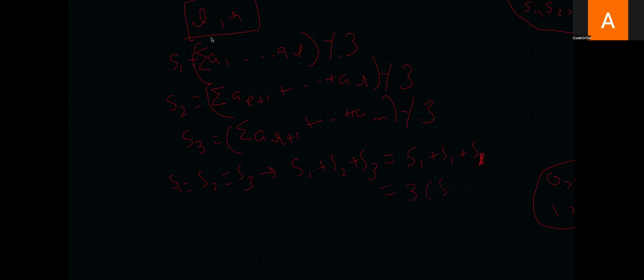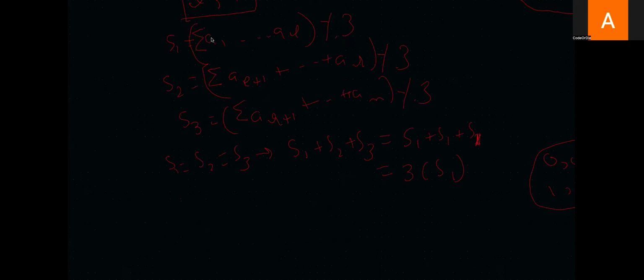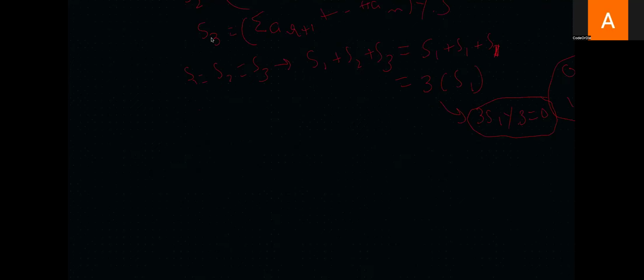times S1. Okay. And if it is 3 times S1, then I'm damn sure that this is 3 times S1 modulo 3 is 0, because it is divisible by 3. The sum of all the segments, which means that if you sum elements of arrays like A1 plus A2 plus up till AN, this should be divisible by 3.